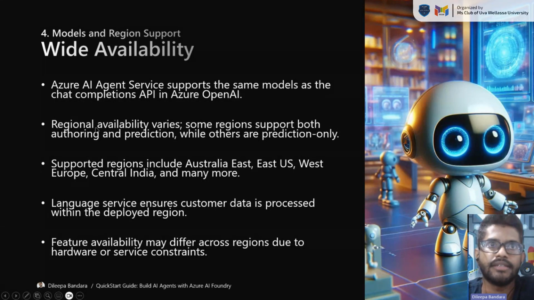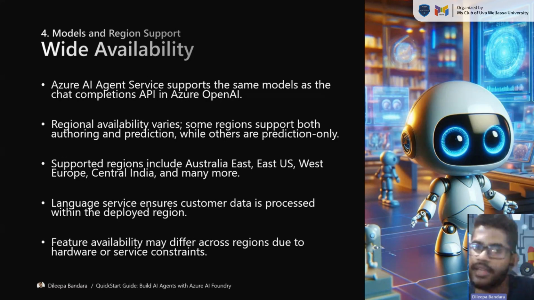Region availability: some regions support both, others not. Supported regions include East US, Australia East, West, and also languages support custom data and so on. And for feature availability, some of the models are not available in particular regions. In that type of case, we need to rely on other regions as well.